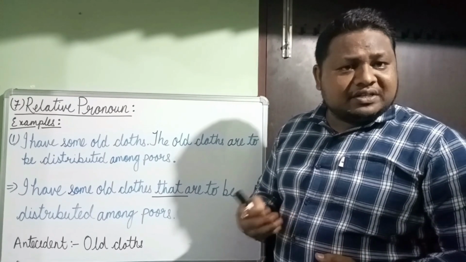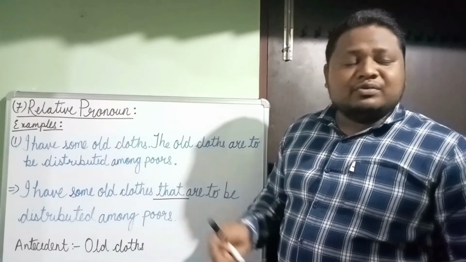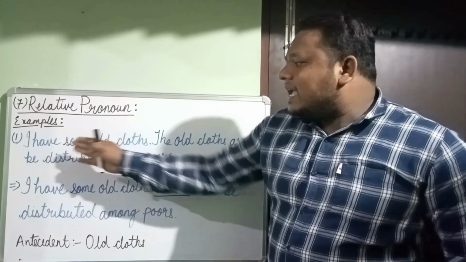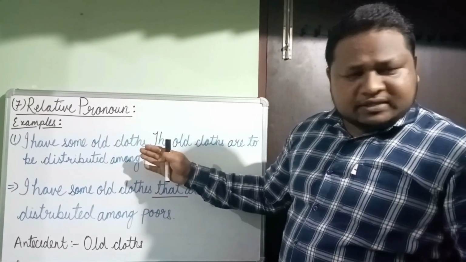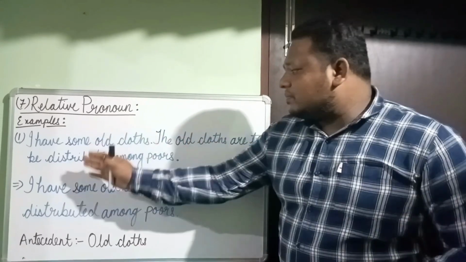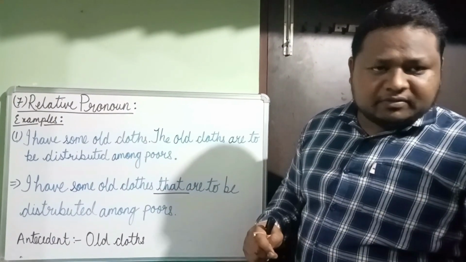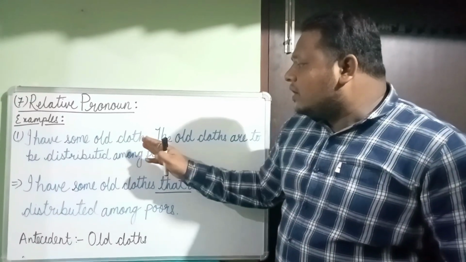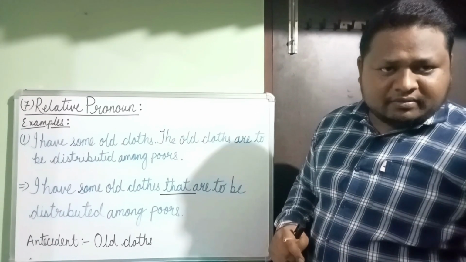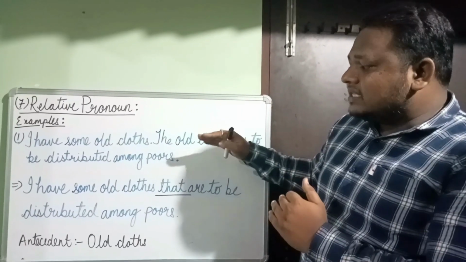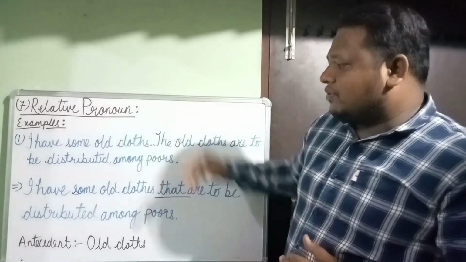Now let us try to understand relative pronouns with the help of some examples. Number one, I have some old clothes. The old clothes are to be distributed among the poor. Alright, so in these two sentences, we have old clothes in common. So now we will try to join these two sentences using a relative pronoun.